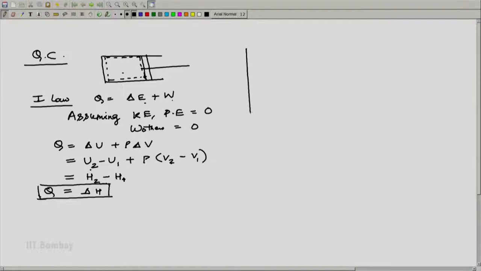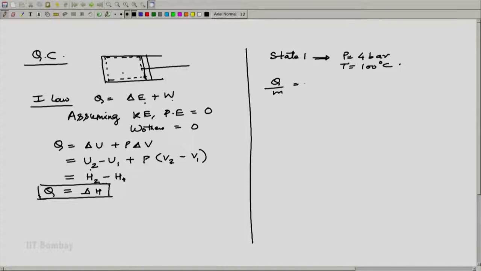Now, we see that the state 1 is at P equal to 4 bar, pressure is 4 bar and T is equal to 100 degree centigrade, and we also see that Q upon M is equal to delta H. If I just write capital H as small h, specific enthalpy change that we are writing, and Q is equal to 1500 kilojoule per kg.